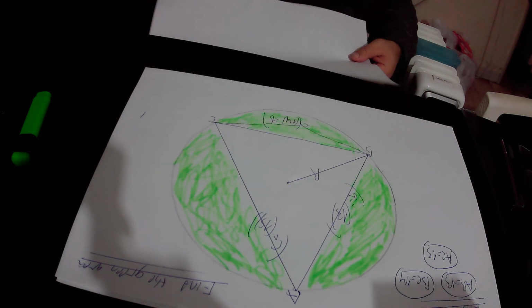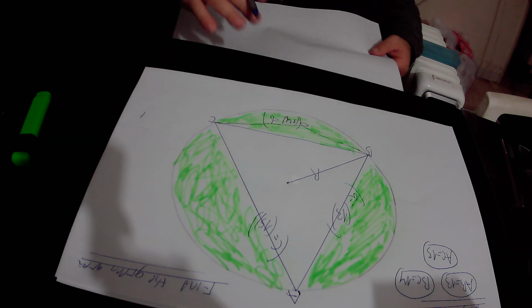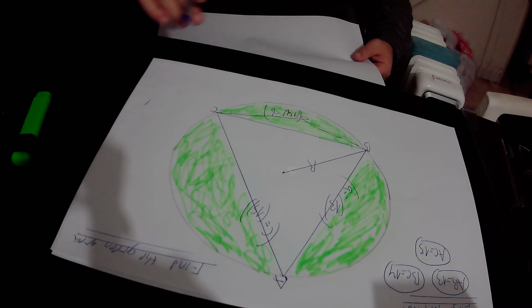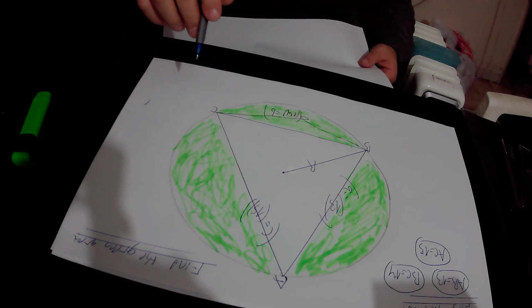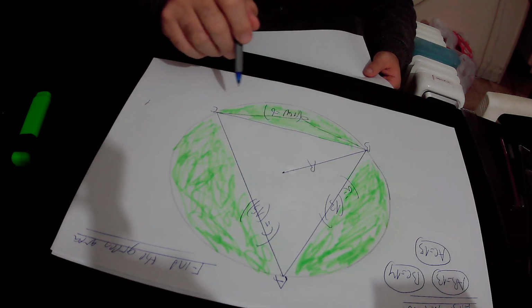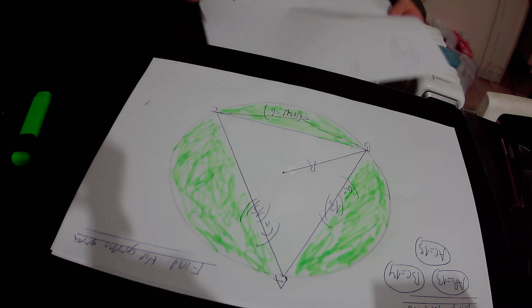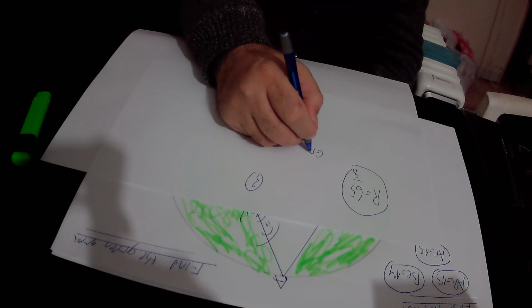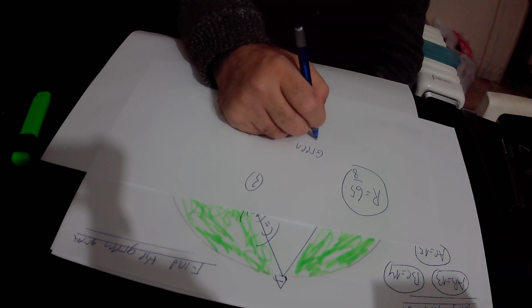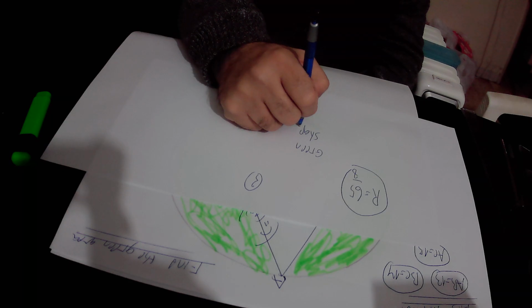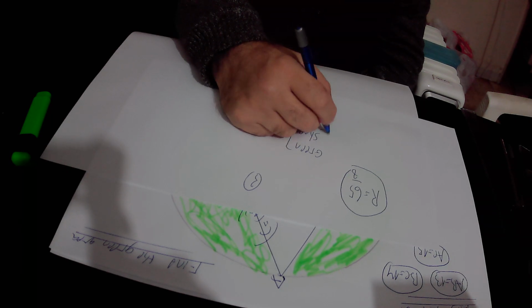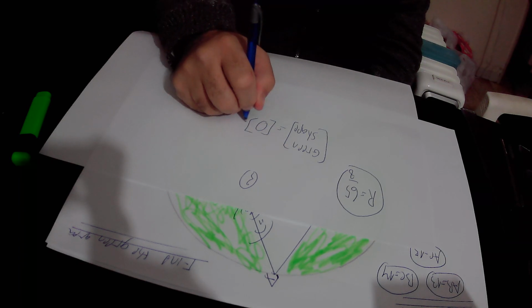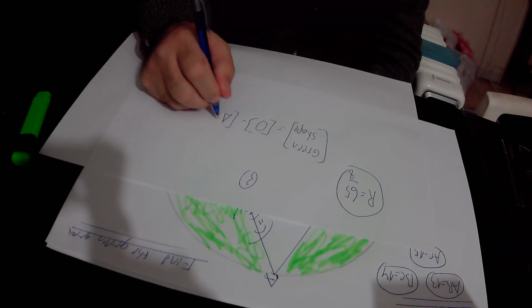Our mission is to find out the area of this grain shape. From the drawing it is very easy to see that the area of the grain shape in total is equal to the area of the circle minus the area of triangle ABC. So I'll write it down. The area of the grain shape in total is equal to the area of the circle minus the area of triangle ABC.